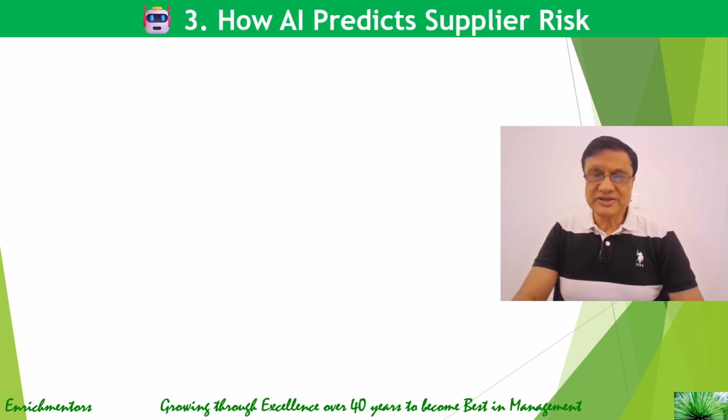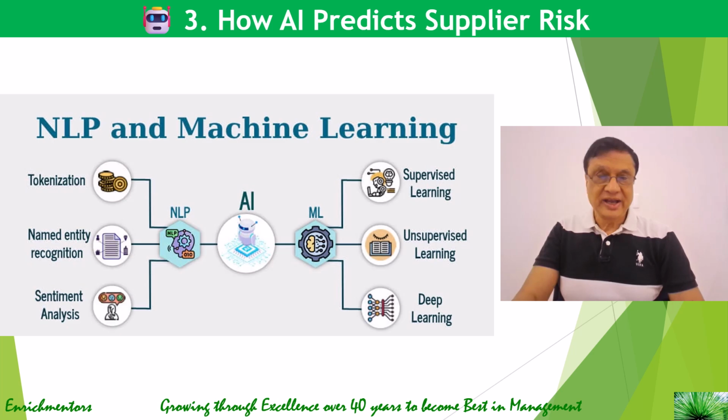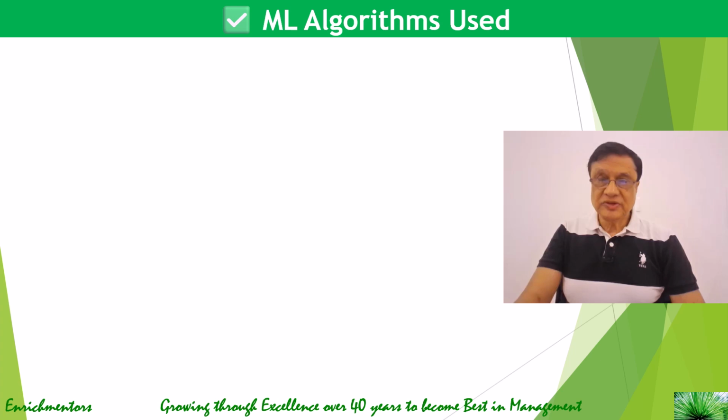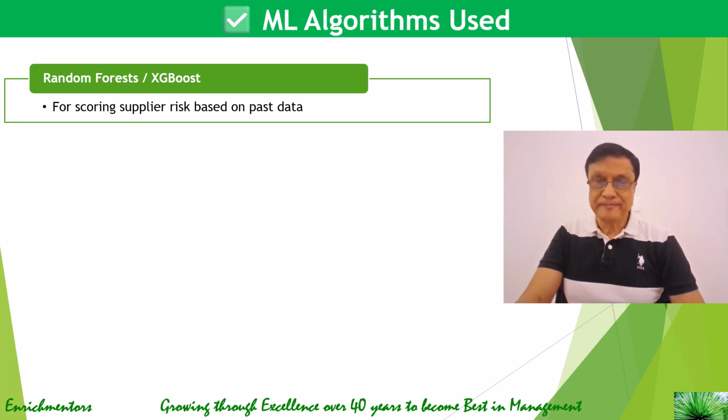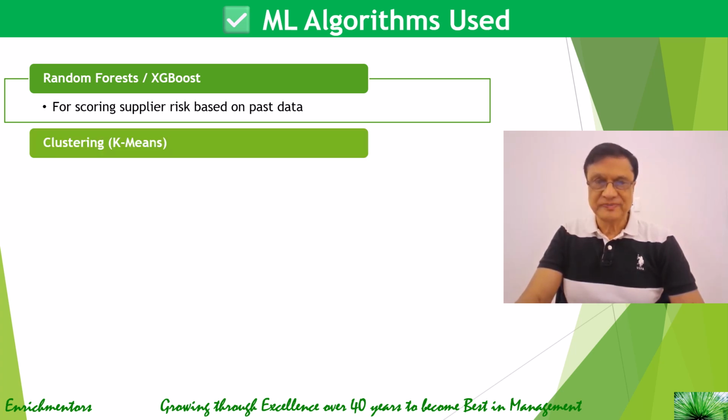Now, how does AI predict supplier risk? AI models use machine learning and natural language processing, NLP, to detect risk early. How do they do that? They use multiple machine learning algorithms. They use random forest and XGBoost for scoring supplier risk based on past data. They use clustering algorithms like K-means to group suppliers by risk profiles and performance.